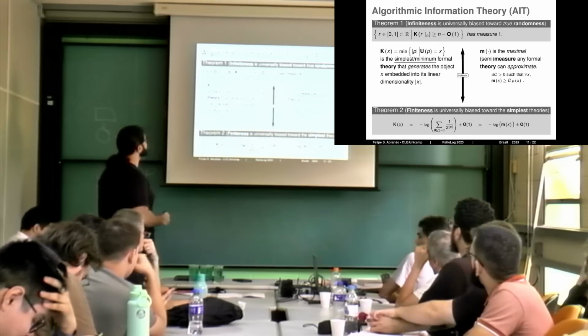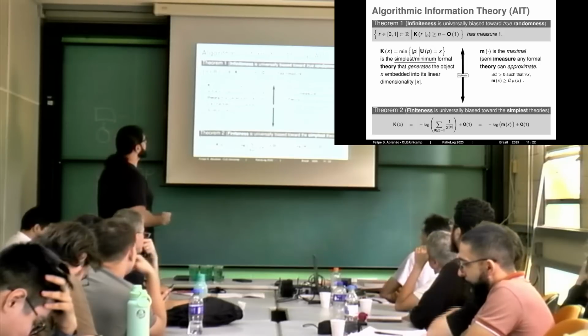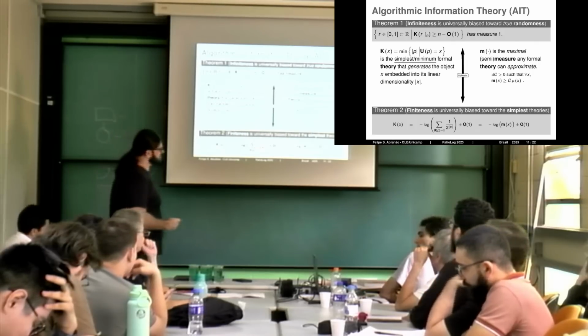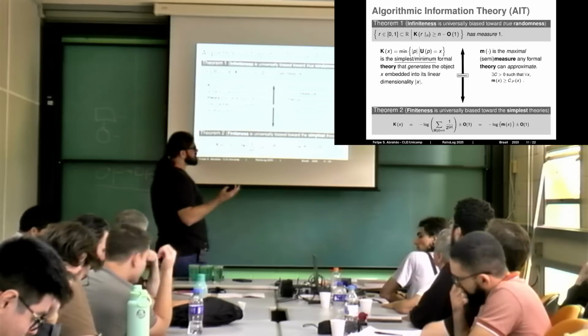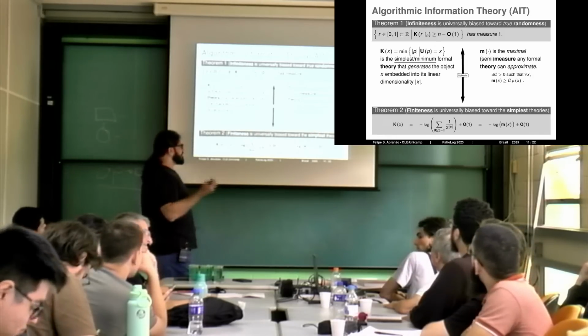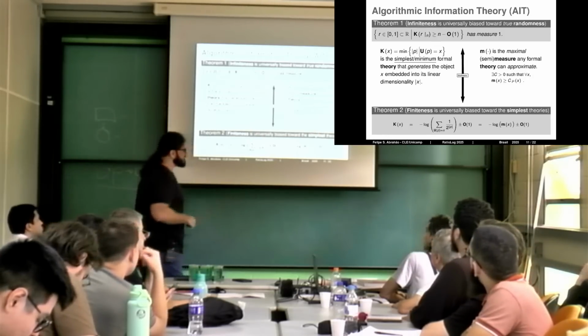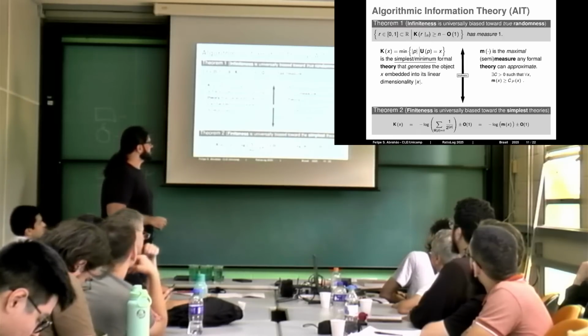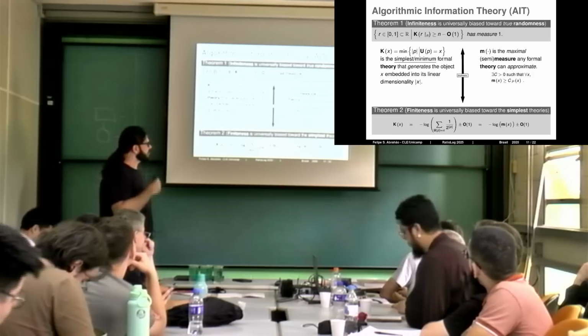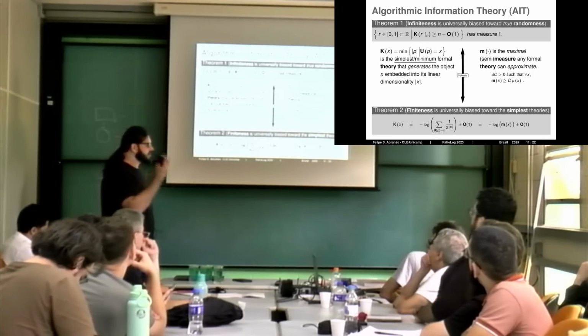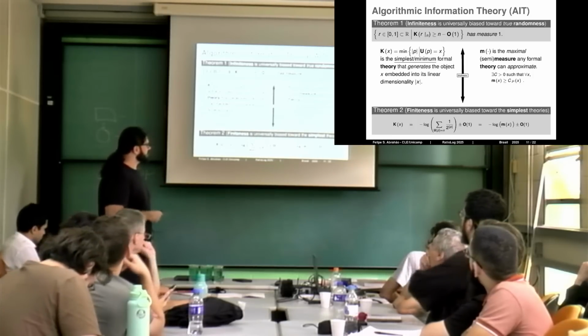So here we have the algorithmic complexity, this one here, and this one here you can call the universal probability or universal a priori probability. It's just the sum of all possible theories that can construct your object x.